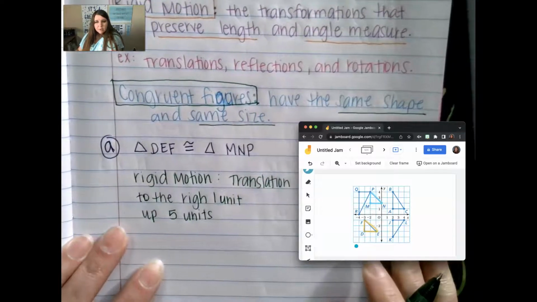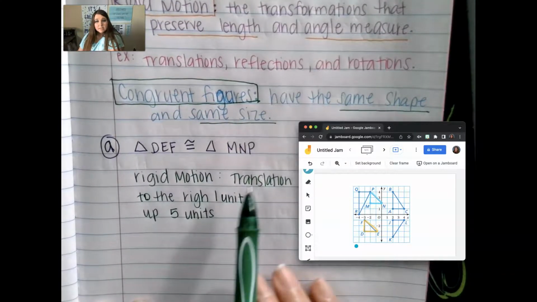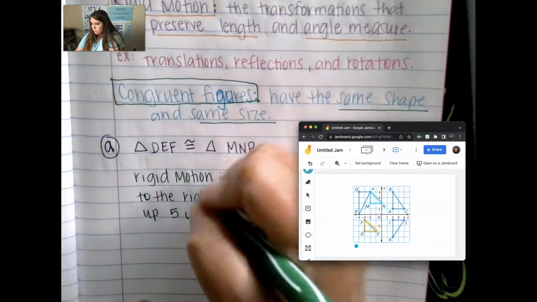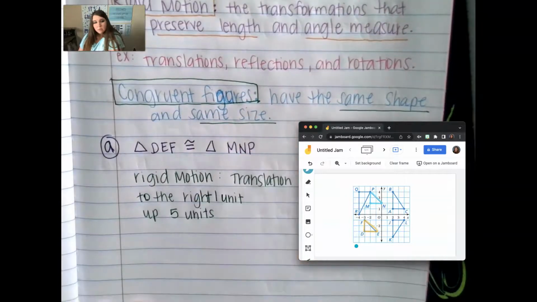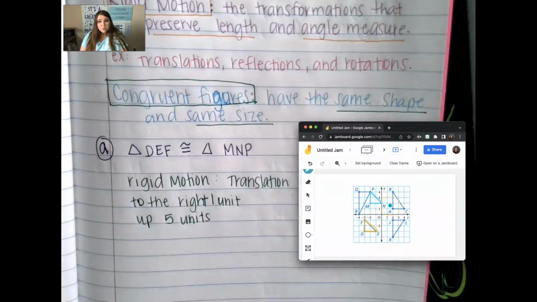That's how we were able to create that congruent triangle, through a translation of 1 unit to the right and 5 units up. Now, if you want to draw this picture on a sticky note, you're welcome to.